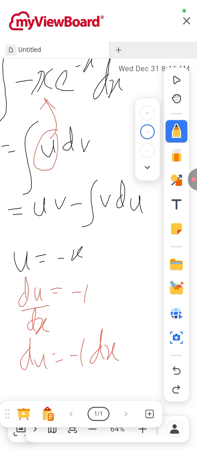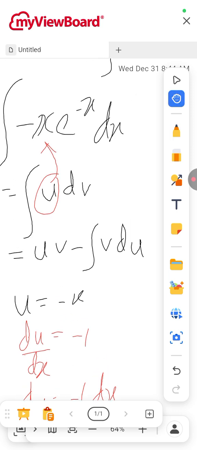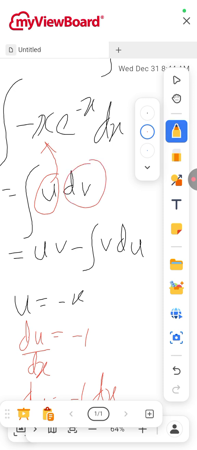Okay, then next, you equate dv. Your dv, this dv here in the formula, will now be equal to what? e raised power minus x dx.